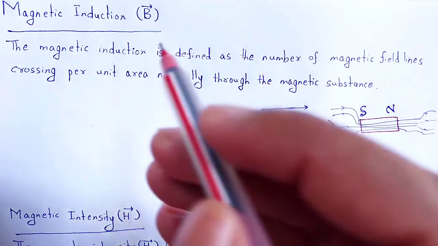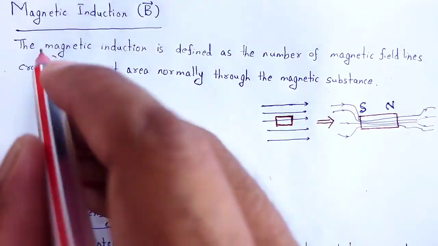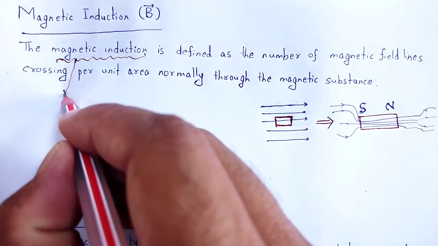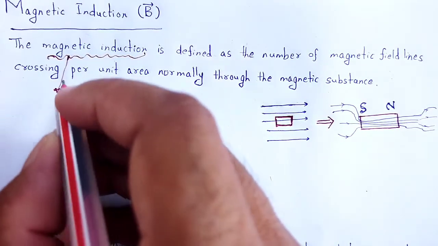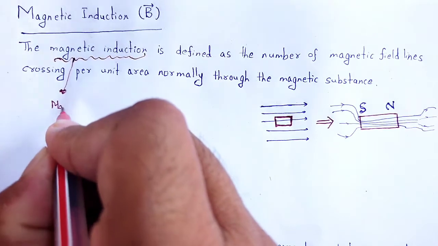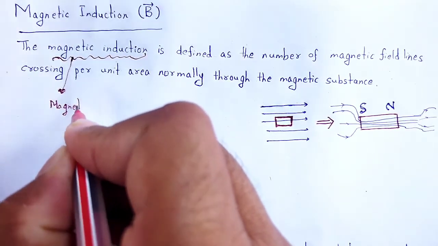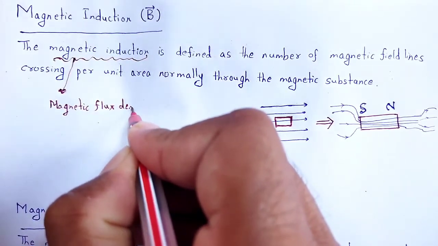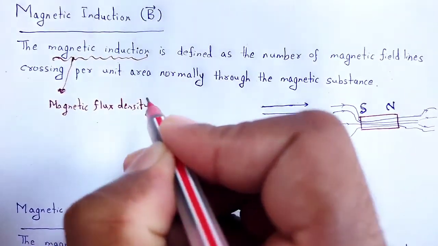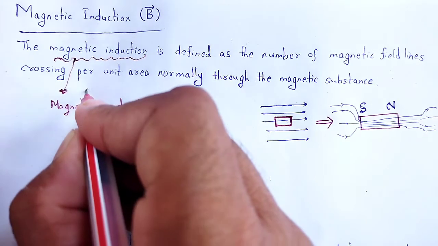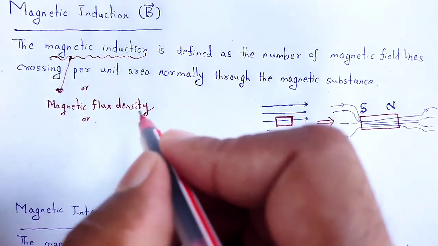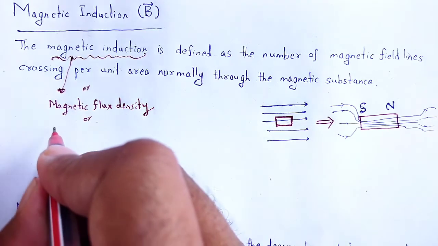That magnetic induction is further named as magnetic flux density, or it can also be known as magnetic field.